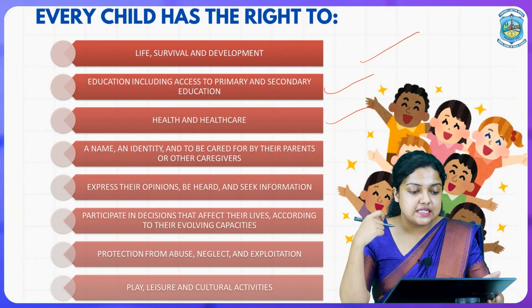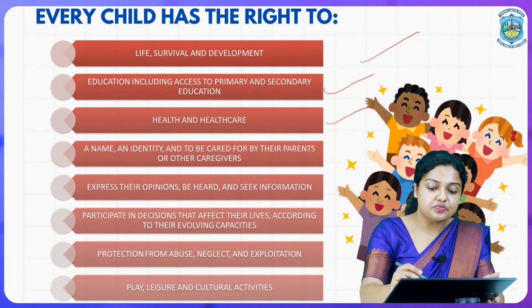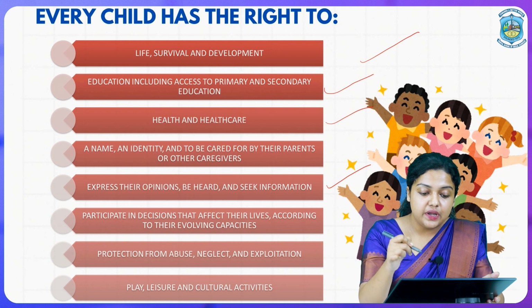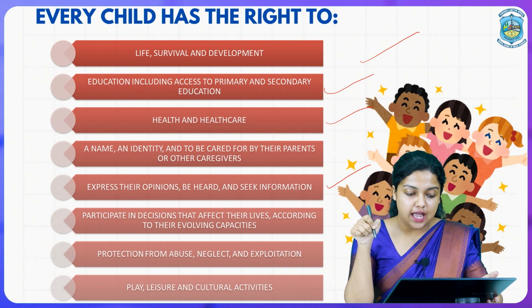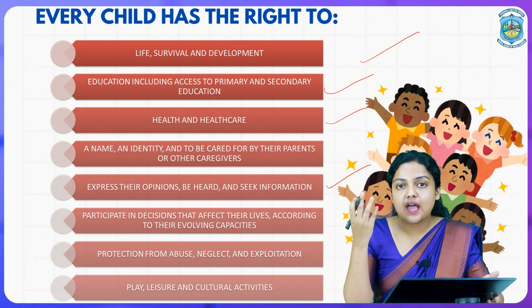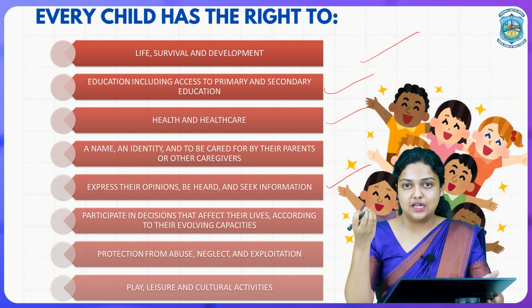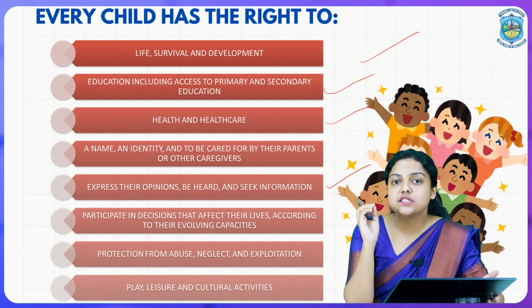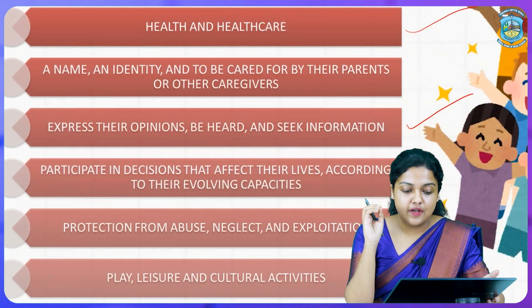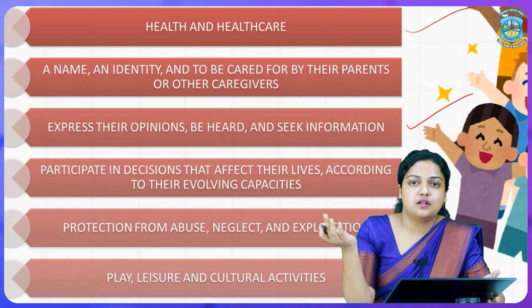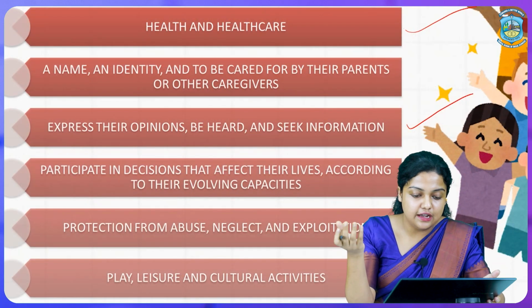Then the next right is every child has the right to express their opinions, be heard and seek information. Even though parents are taking decisions for them, they have the right to express their opinions on decisions relating to their life, and also to seek information if any topics related to their life come up.